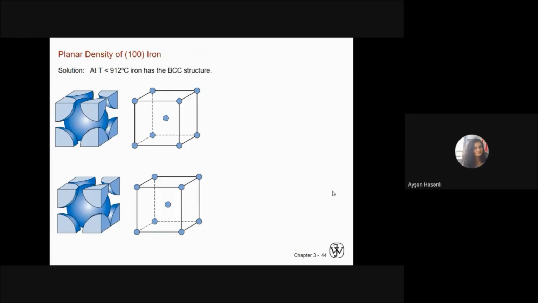Next, planar density of 100 plane in iron. Planar density equals to number of atoms divided by area of plane. It shows how full one plane is with atoms.